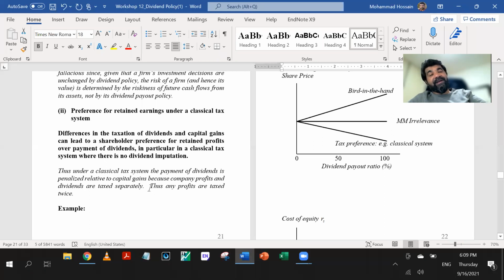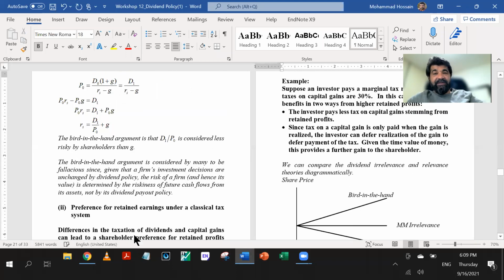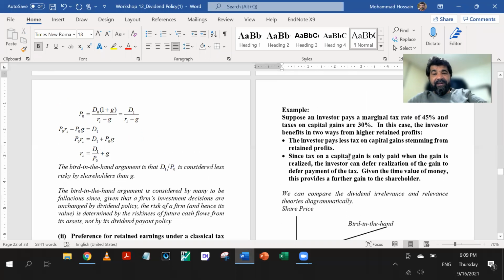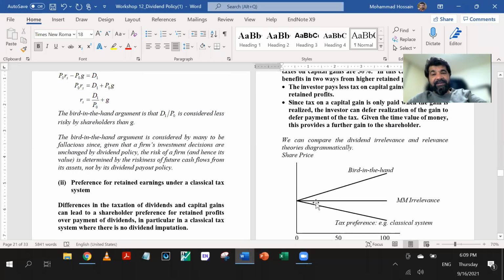So the profits are taxed twice. This is another problem there. When you receive a dividend, you are taxed on it because it's income. At the same time, if the share price increases, again you have to pay tax because you have made some capital gain. Okay. So you have bird in the hand and tax preferences and irrelevance.